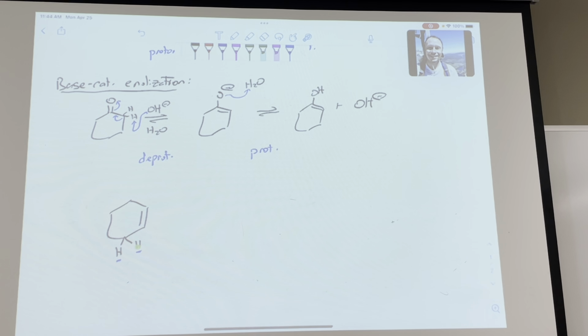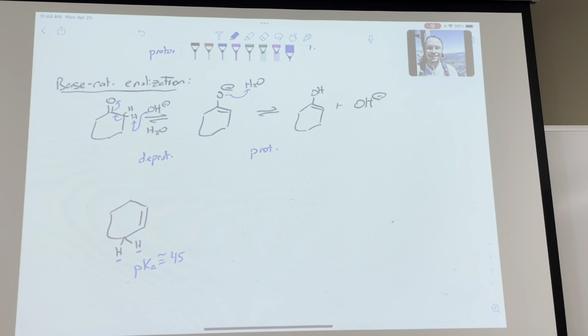Those allylic protons would be more acidic than if it was just cyclohexane. But if you put hydroxide here, would you be able to deprotonate that? It turns out the pKa here, it's so high, it's hard to accurately measure. But somewhere on order of 45. You are never deprotonating that with hydroxide, is the bottom line.